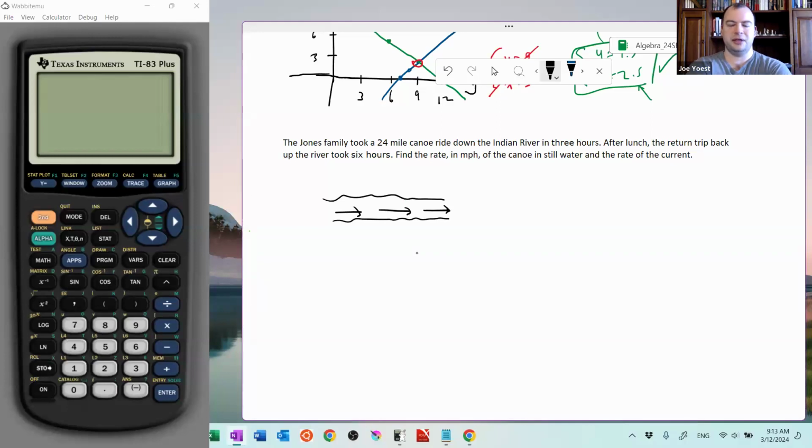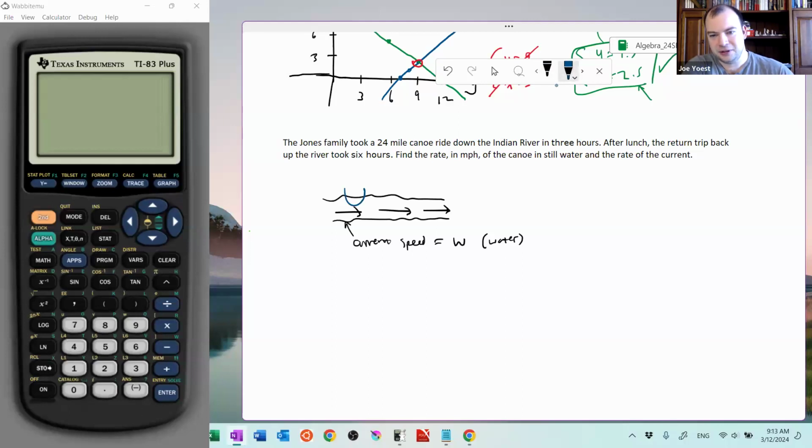So we have a river with a current. Unfortunately, current and canoe both start with C, but maybe I'll call the current speed W for water, the speed of the water.